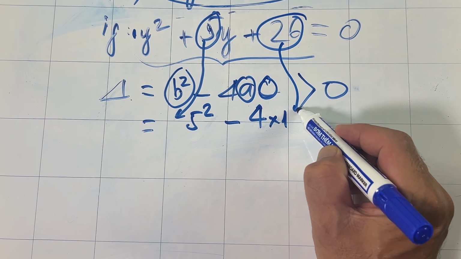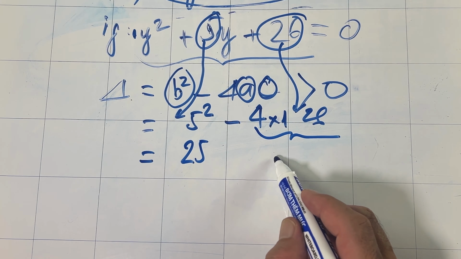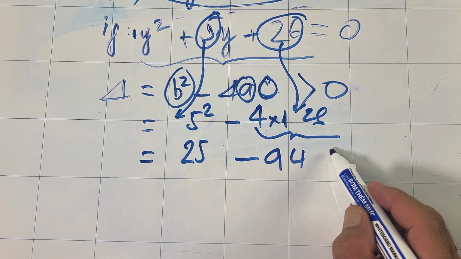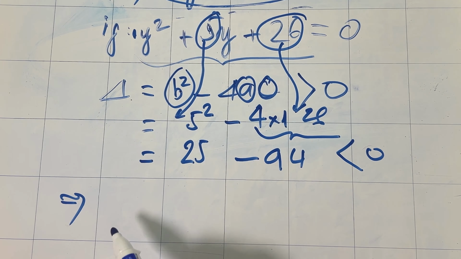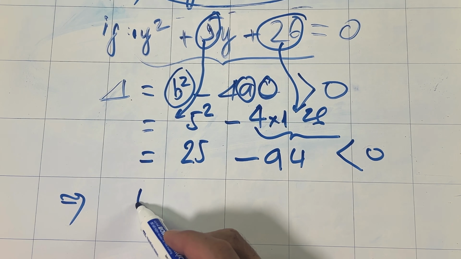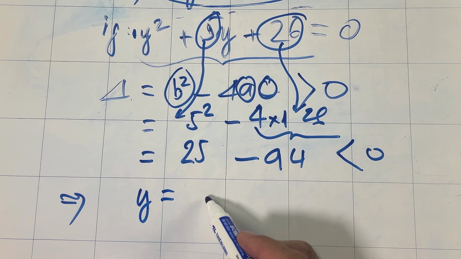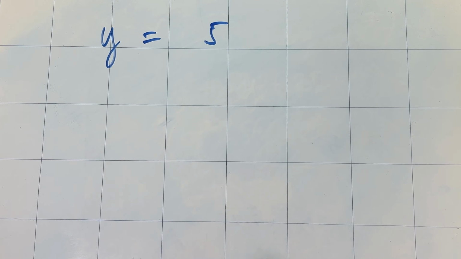At this time, delta will equal 25 minus 104. We see that delta is negative, so this quadratic equation has no solution. So this equation has only one solution, y equals 5.